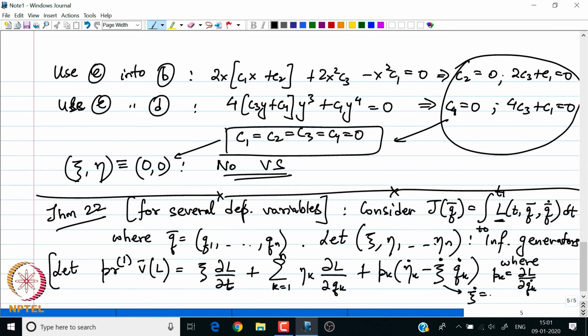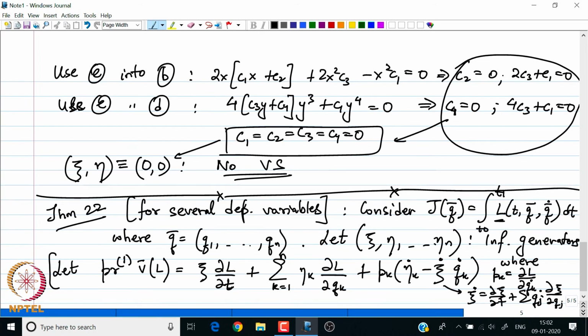The quantity xi dot is del xi del t plus the summation of q j dot del xi del q j.